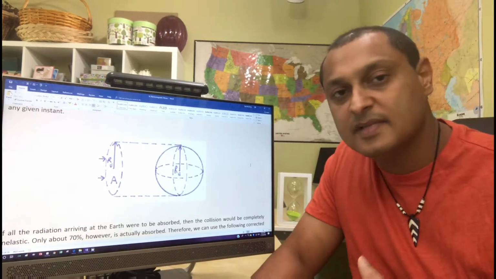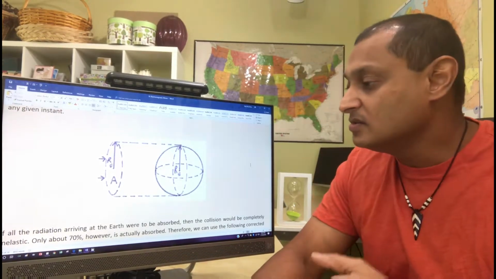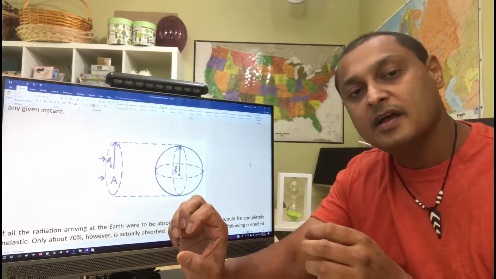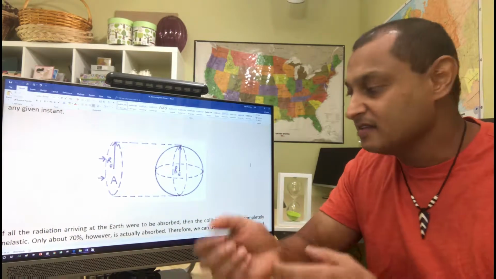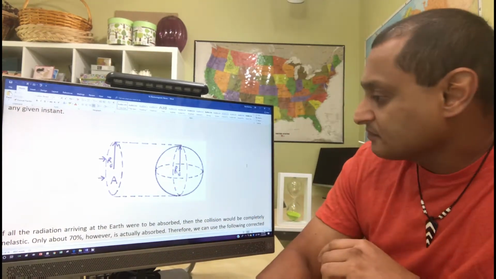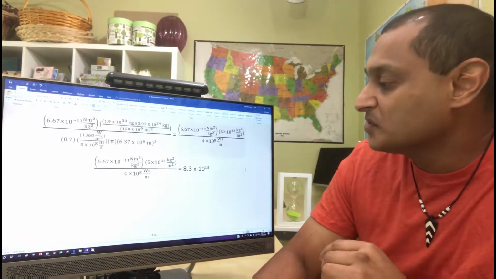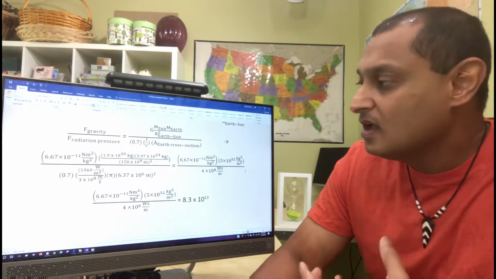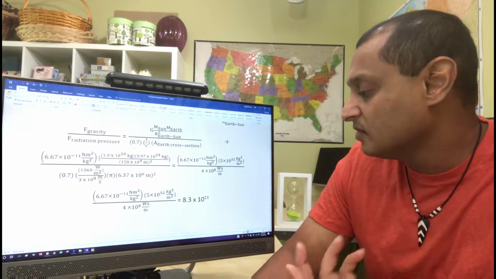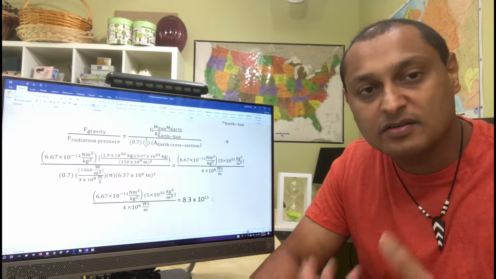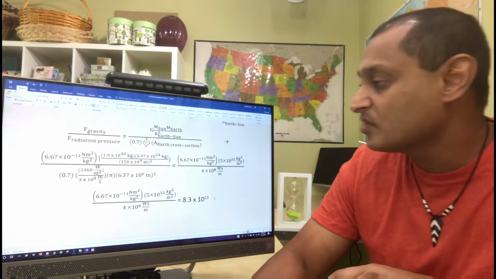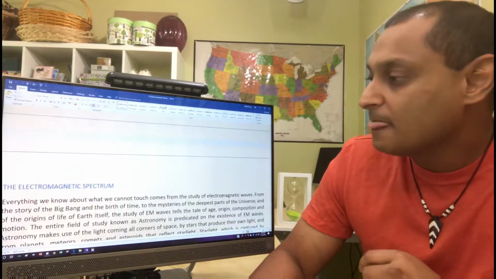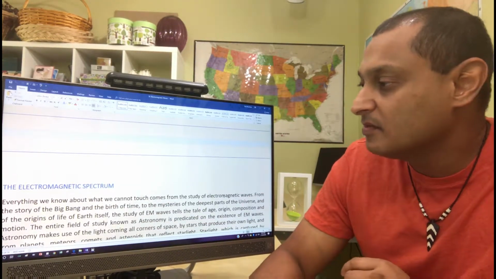So it's actually quite an interesting example, because the radiation pressure is pushing the Earth out, and the gravitational force from the sun is pulling the Earth in. Obviously, one is much, much greater than the other. So I did a calculation here of the force of gravity versus the force of radiation pressure, and it's literally billions of times stronger, the gravitational force, than the radiation pressure. But it's quite a fascinating example. I think the reader will get quite a bit of knowledge from this.